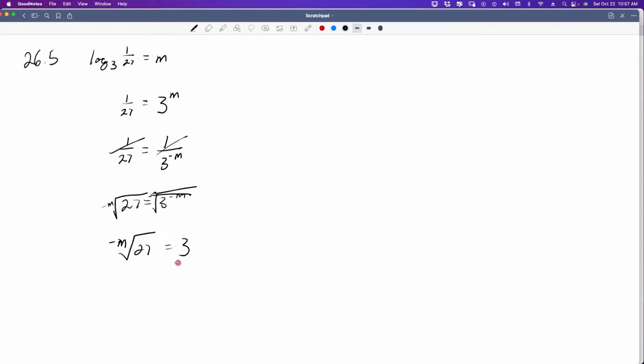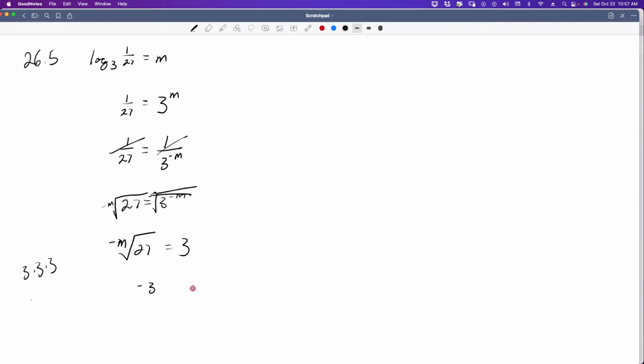My factor is 3, and I have to figure out what the index is to give me 27. Well, I know that 3 times 3 times 3 is 27. So the index here for 27 that gives me 3, that is going to be -m is 3.